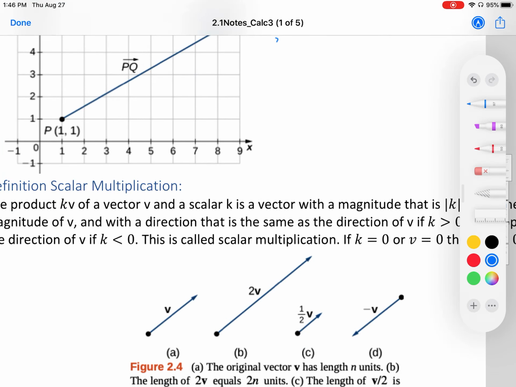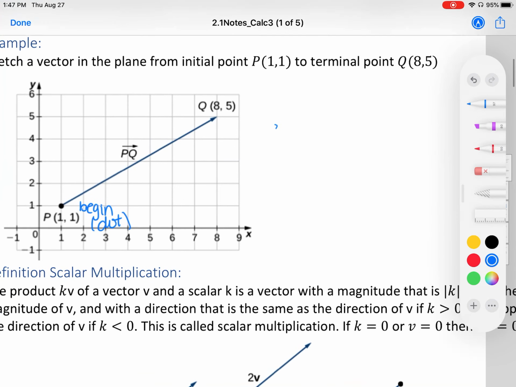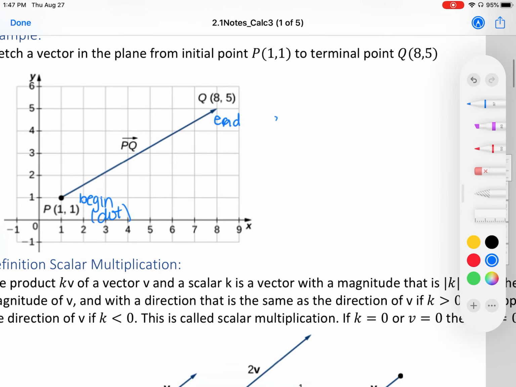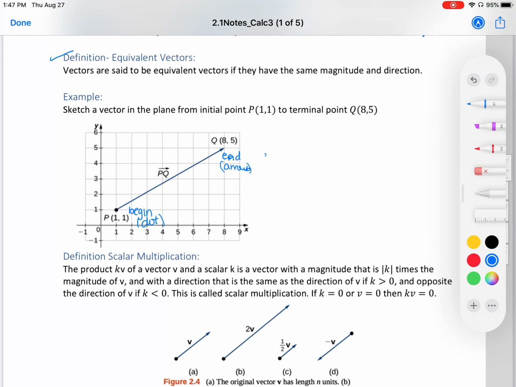We start here, and we see a little dot to show us that that's where you begin, and we end at Q, which is (8, 5), and it has an arrow. And that's a vector when we're given an initial point and a terminal point.